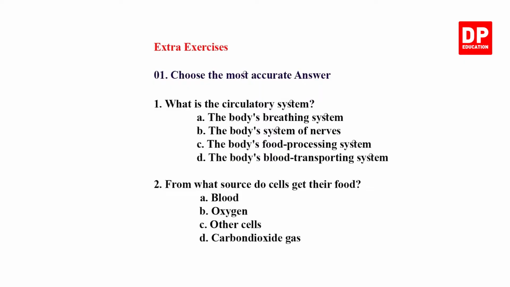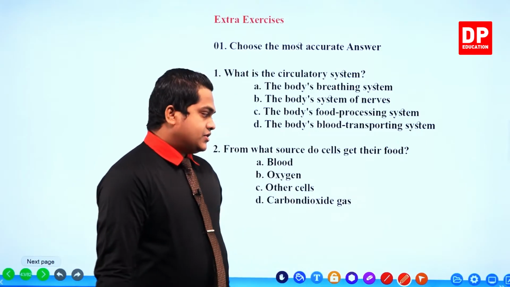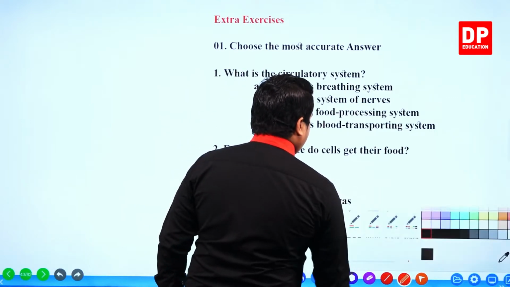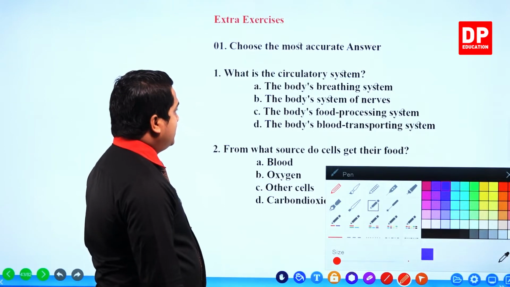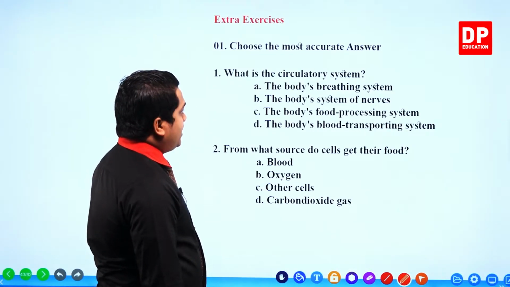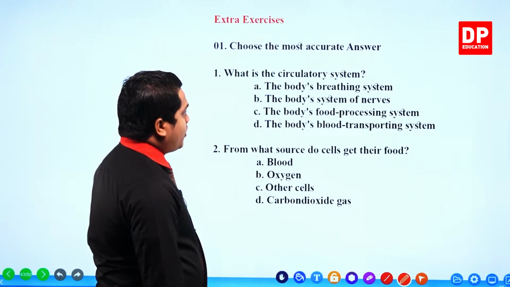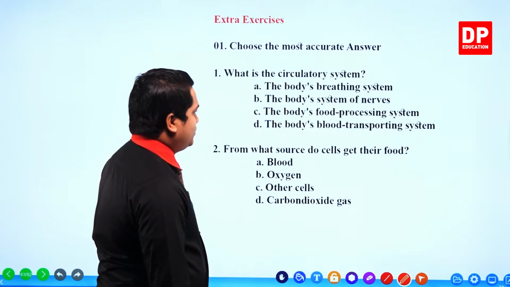So my dear children, we discussed the questions related to our textbook. Now it's time to discuss several MCQ questions under the extra exercises. Let's see what questions are given. What is the circulatory system? The body's breathing system? Not at all.